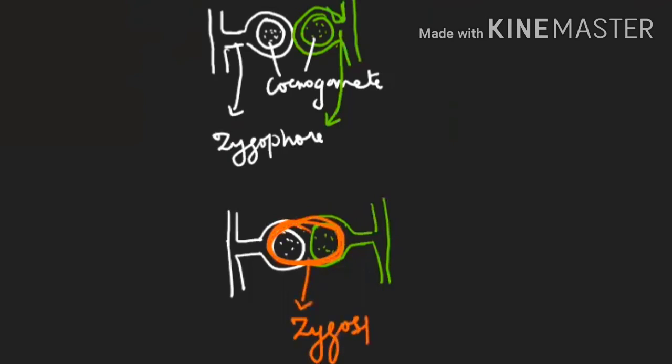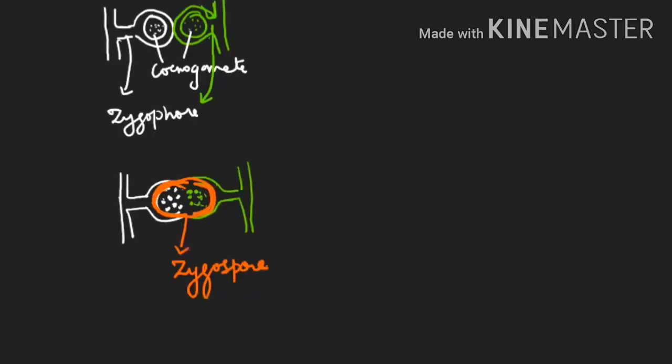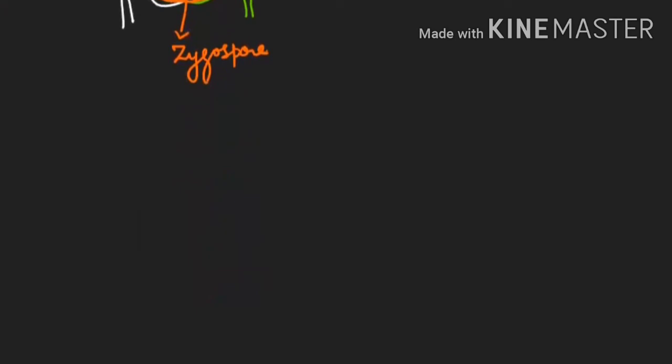This will be the zygospore, and see, the wall between them is dissolved, and these are the nuclei of plus, let us assume, and these are the nuclei of the minus. They will now be fusing. After fusion, they will make the zygospore. Now, how will the zygospore germinate?